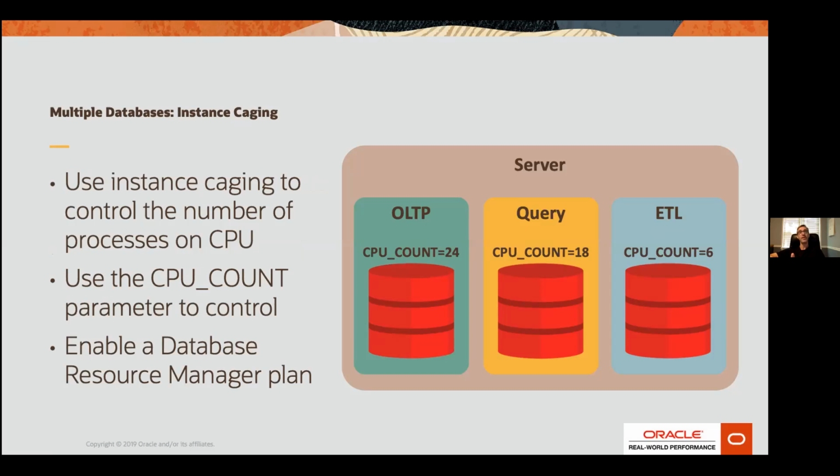We could do the same thing with multiple databases by using the CPU count parameter to enable instance caging. You can simply set CPU count to a given amount, and that will limit the CPU used by that database. You can change that resource manager plan so that you're not always limited, but you do have to have someone or something go in and change those allocations.